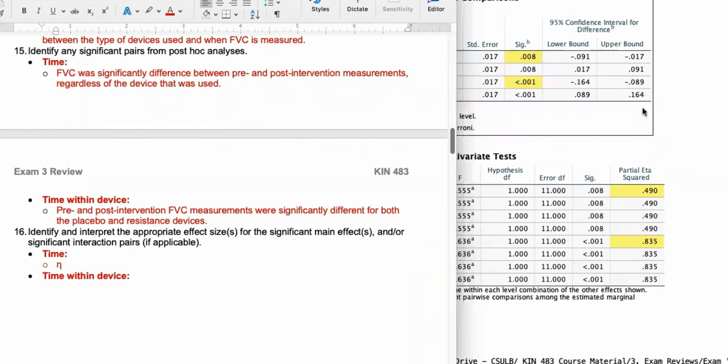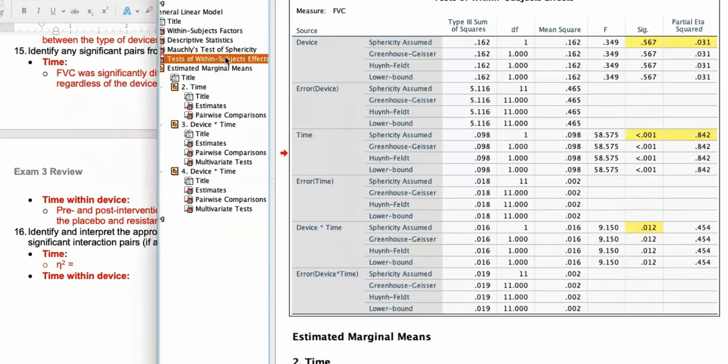We will end up using the multivariate table for something. Yeah. So we use the test of within subjects effects table for the effect sizes for our independent variable main effects. For the interaction effects, that's when we look at the multivariate table. So we have both answers in there. I'll go back to the test of within subjects effects table.